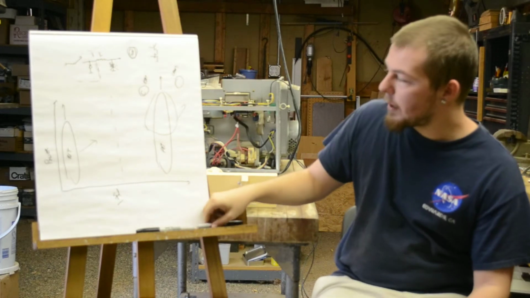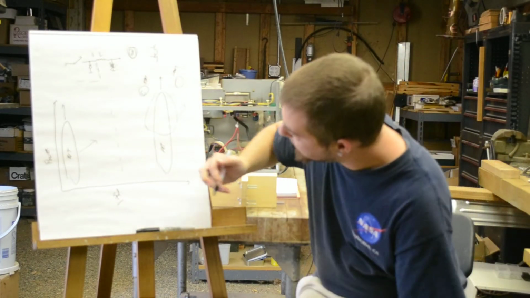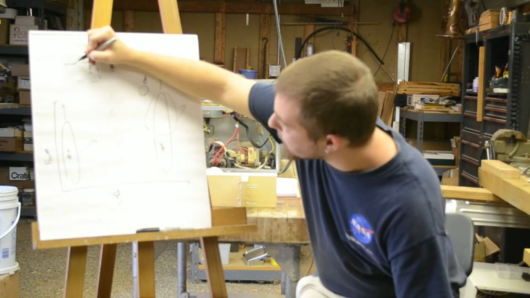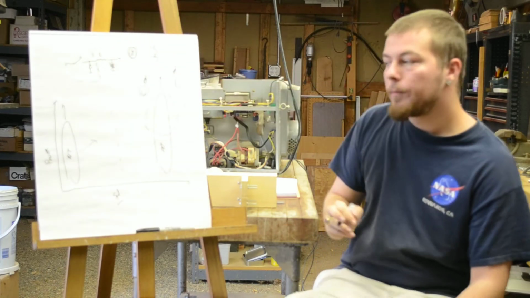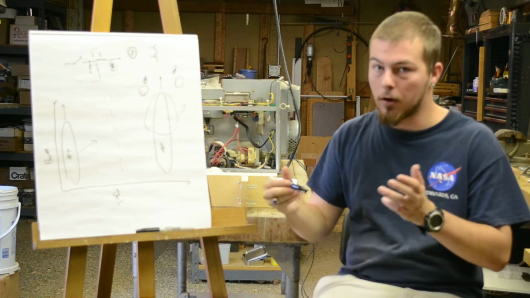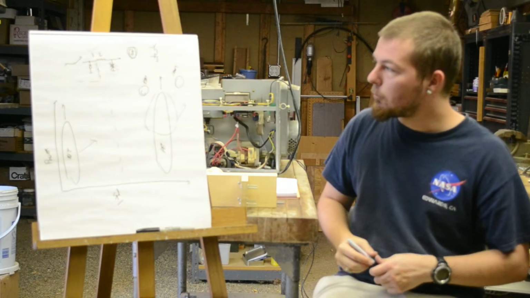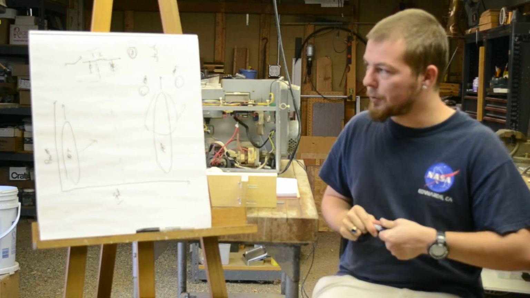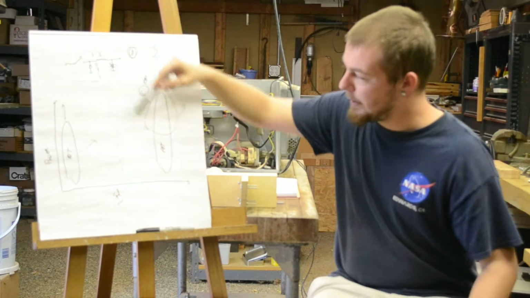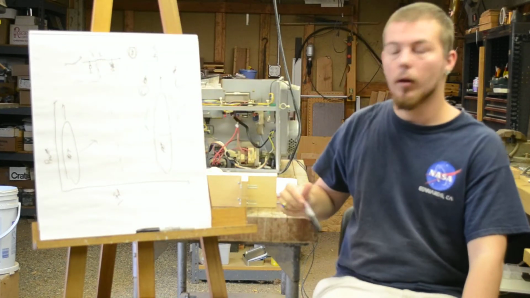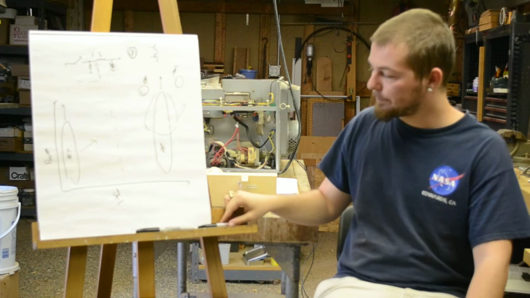But the idea is that by changing around the duty cycle of this input switch, essentially the ratio of how long it's on to how long it's off, you can control the voltage output, where your voltage output is any multiple of your voltage input by way of duty cycle.